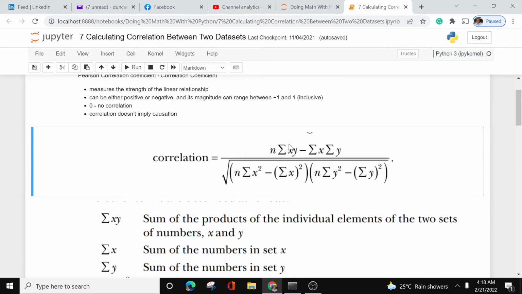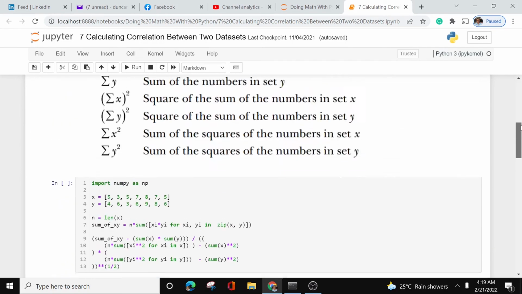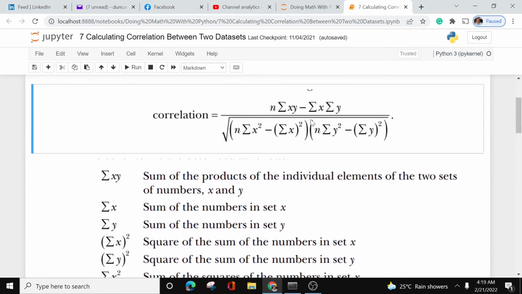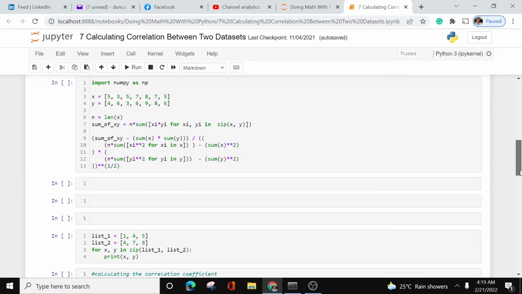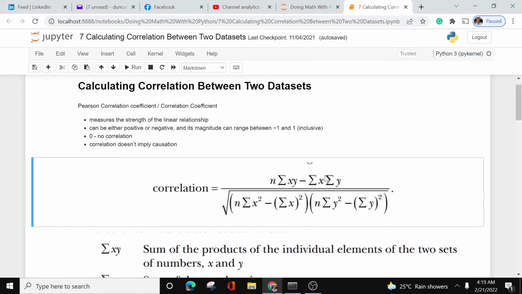So we get the summation of x times y. And then what we do here is that we subtract the summation of x times the summation of y. So this part of the equation is the translation of the mathematical part of this formula. And what about this denominator?